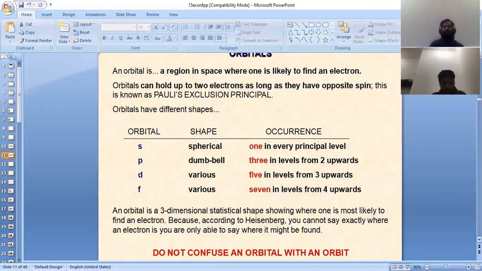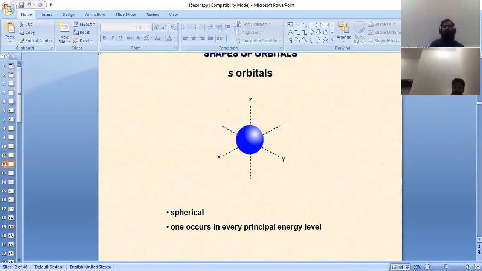So don't confuse an orbital with the orbit. Orbit is K and orbital is S. For example, if you are living in a house, it is just a house, a home, but may contain 3, 4, 5 rooms. So overall the house is your orbit, but these rooms inside are orbitals.